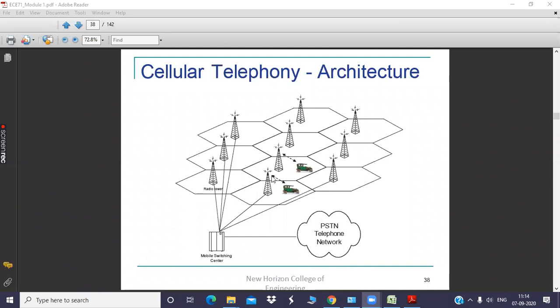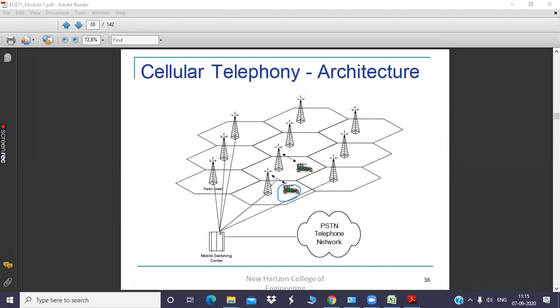Okay, so consider this as a user. I will annotate and show. See, consider this as a mobile user which is moving around this hexagonal cell. Maybe this is the home network for this particular user.